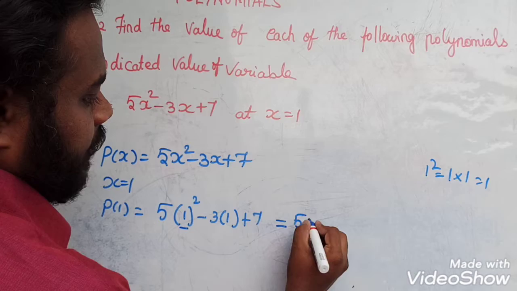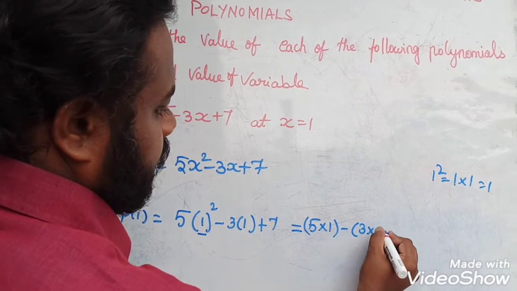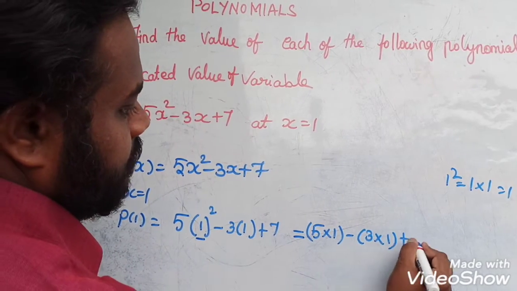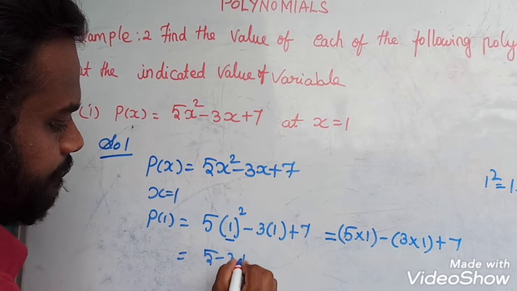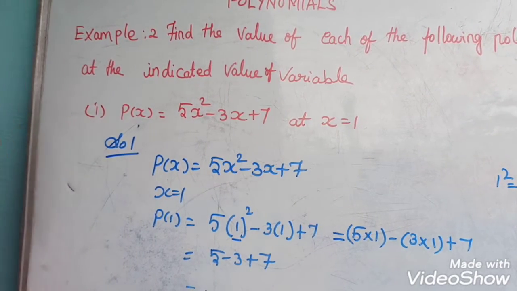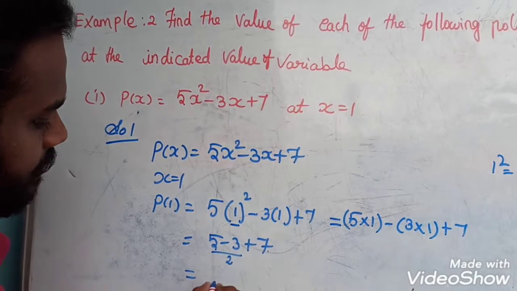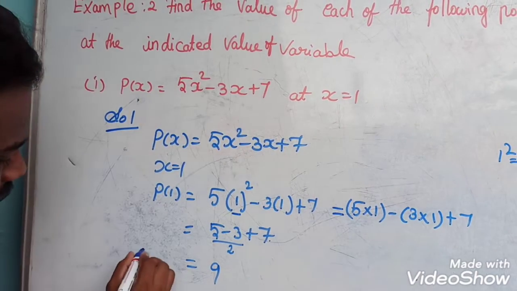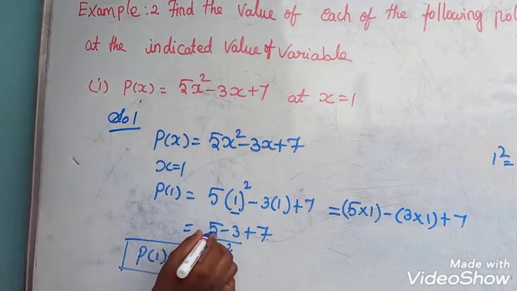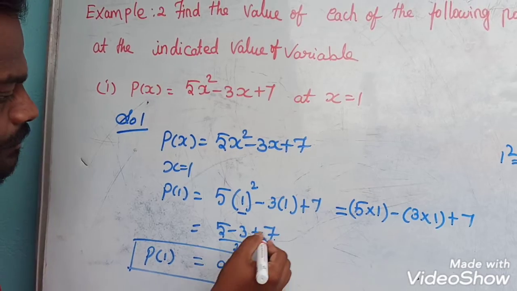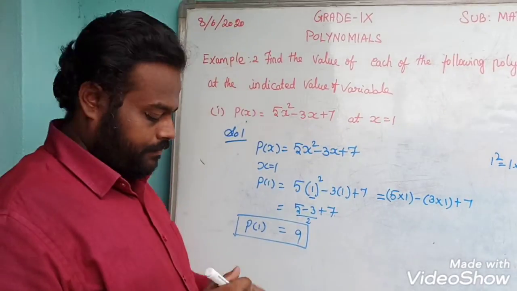So 5 into 1, 3 into 1, plus 7. 5 ones are 5 minus 3 plus 7. 5 minus 3 we get 2, 2 plus 7 we get 9. So the value of p of 1 is equal to 9. Next we move on to question number 2.